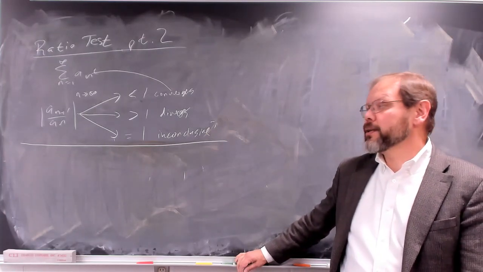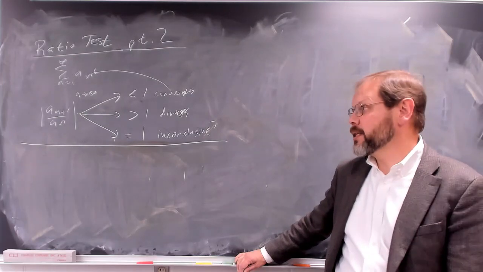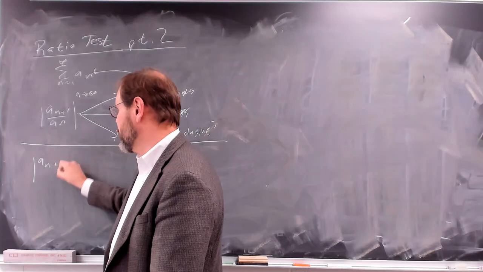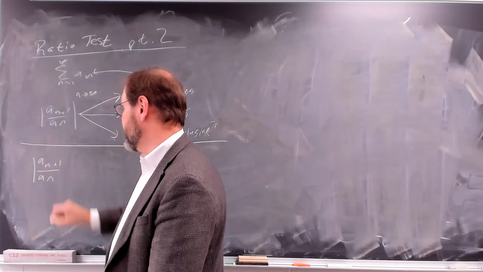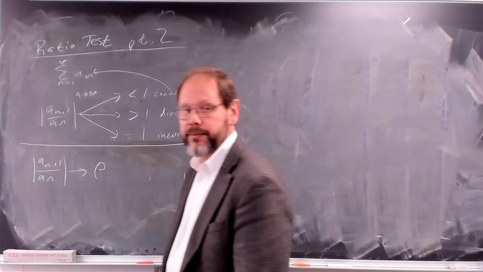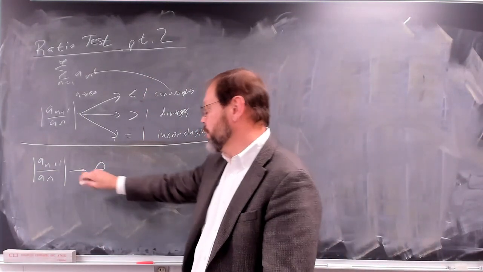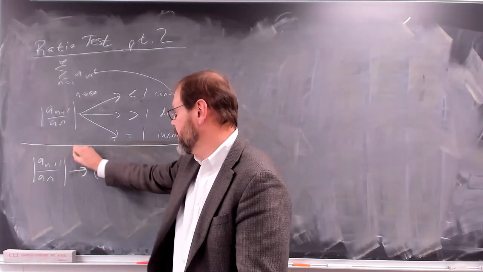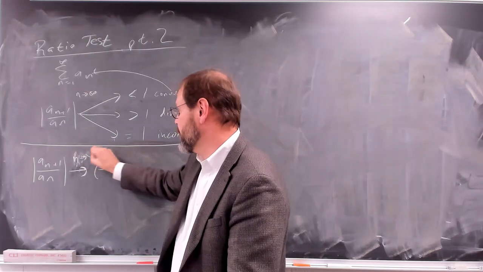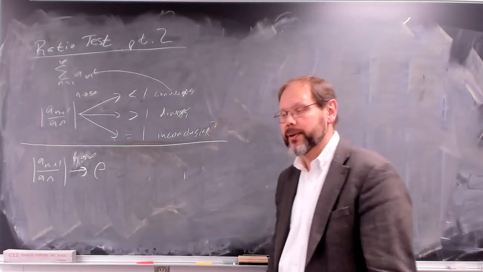The ratio test is really doing a comparison test with the geometric series. Because what we're saying is, when we look at a sub n plus 1 over a sub n, and we get as the limit some number rho, as n gets larger, these things are getting closer and closer to rho.